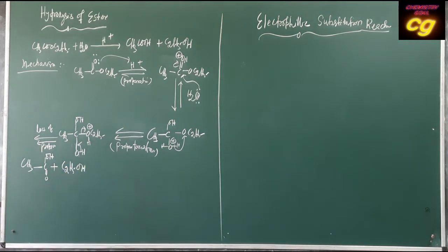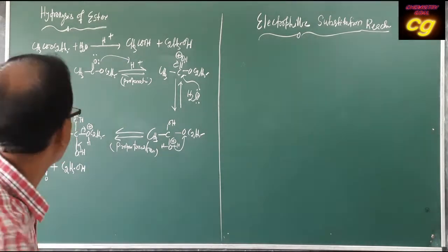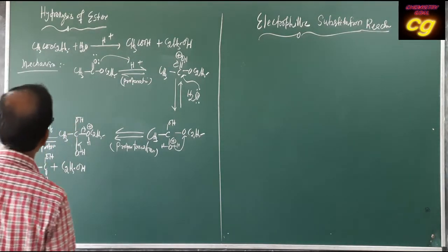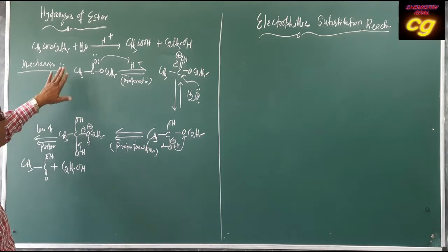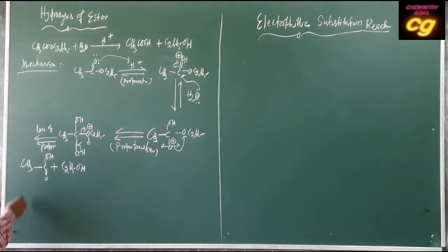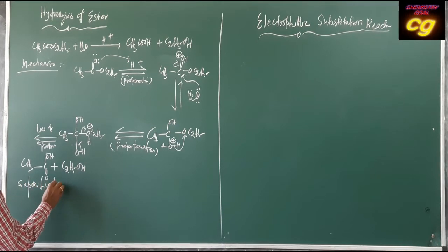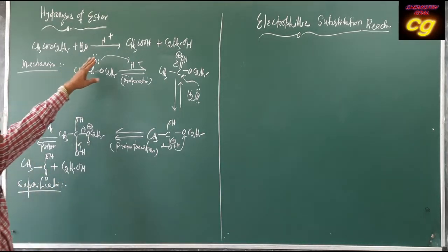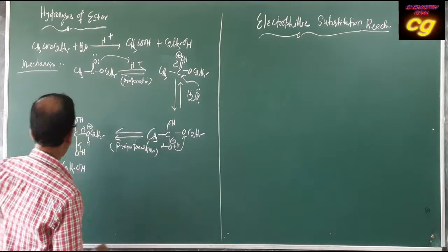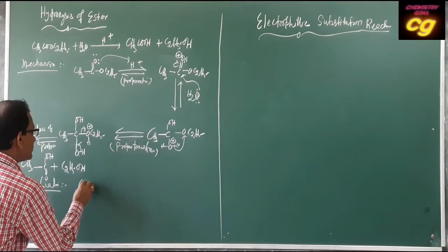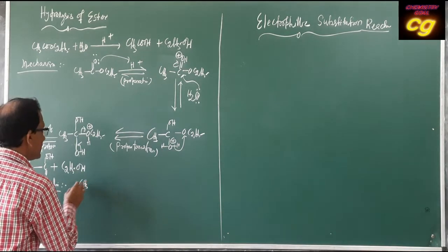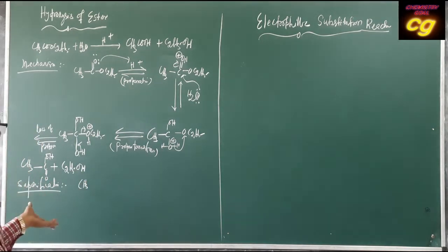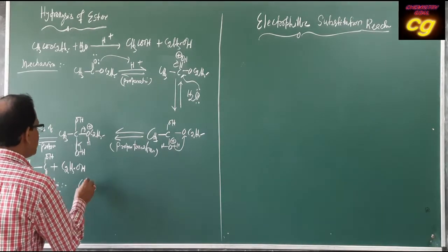So this is the mechanism of hydrolysis of ester. But if you see the saponification mechanism, it is just the same mechanism, but here H plus attacks oxygen. In the case of saponification, it is like this. You take ester in presence of base.